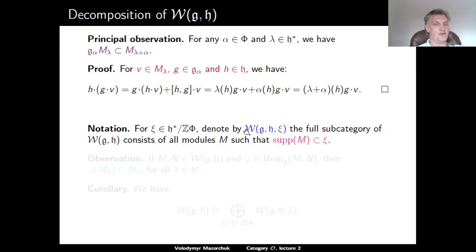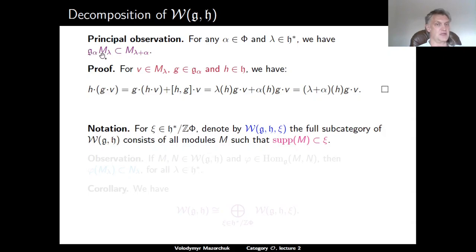So the point for this notation is the following. If we have a weight module M, which is generated by the weight space M_lambda, and if we apply to this weight space all elements of the universal enveloping algebra, the outcome is just obtained from M_lambda by applying inductively different root spaces G_alpha. Applying G_alpha to M_lambda, we shift lambda by alpha.